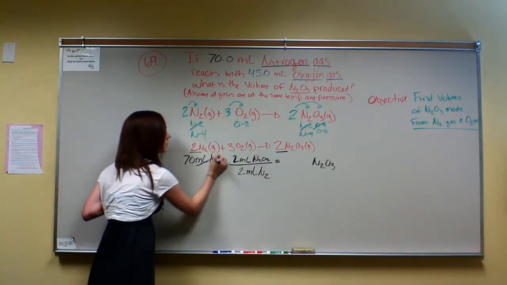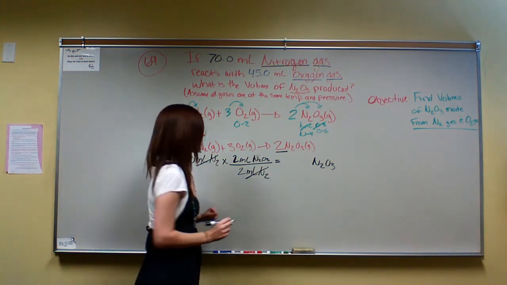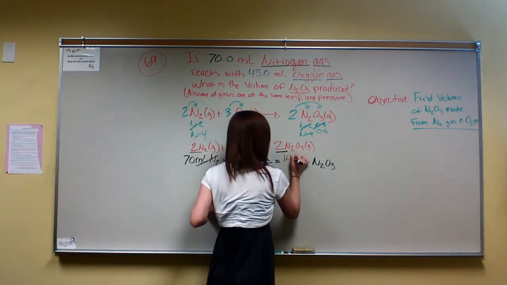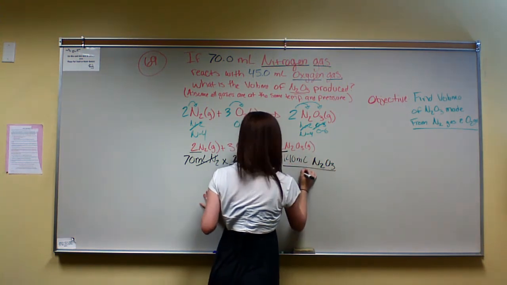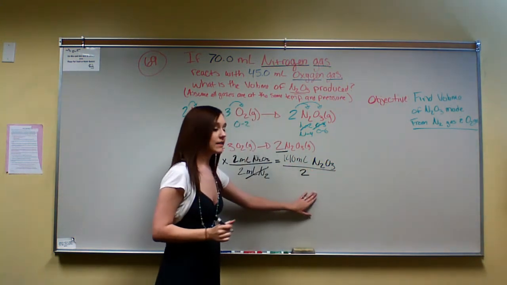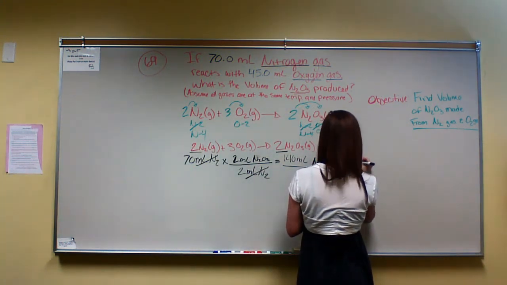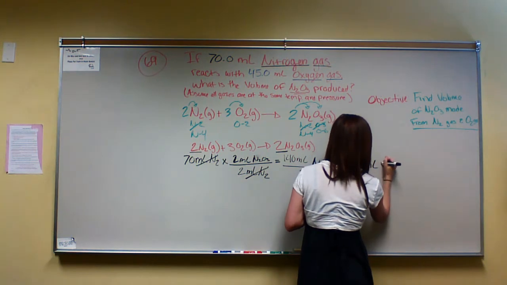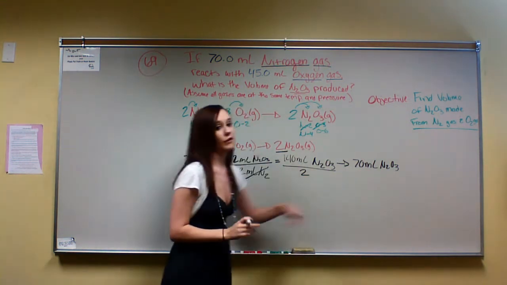So we can go ahead and cancel these out just like basic algebra, and then do the math all the way across. So we're going to have 140 milliliters of N2O3 over 2. You're going to simplify this, and we're going to get 70 milliliters of N2O3. So that's our first one.